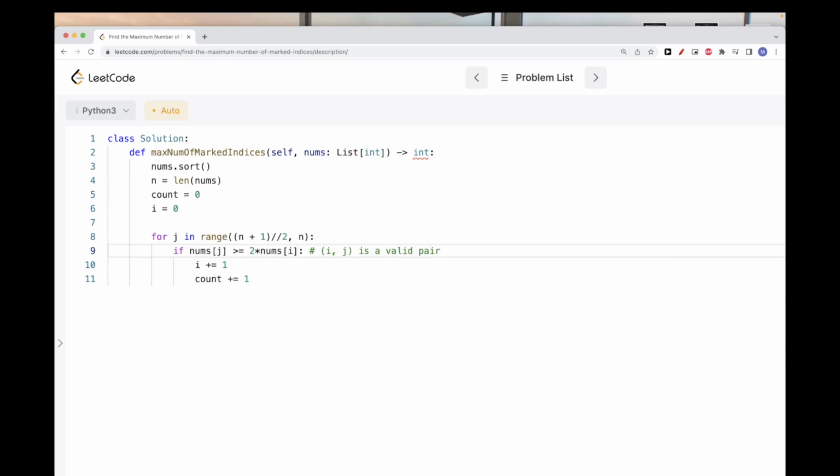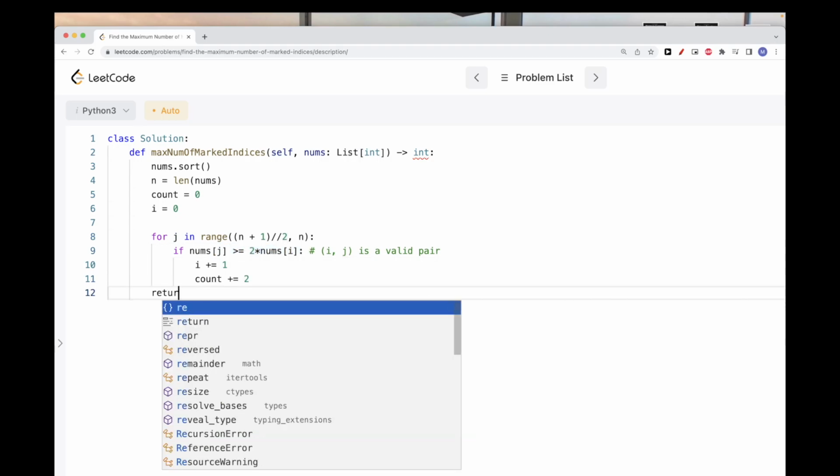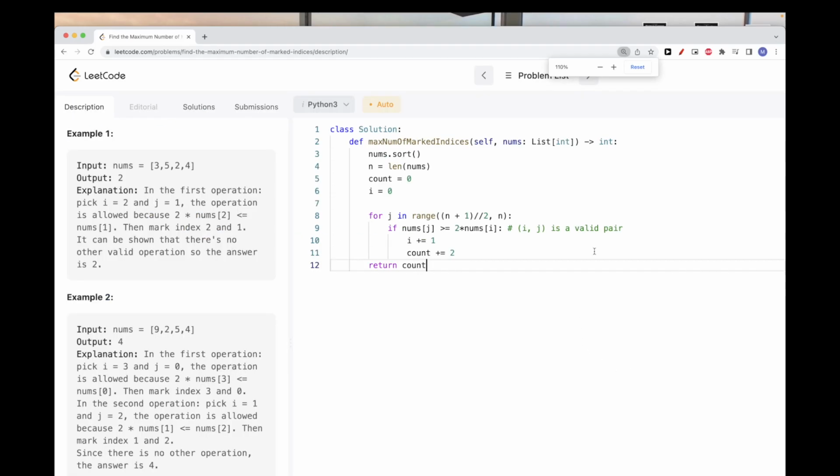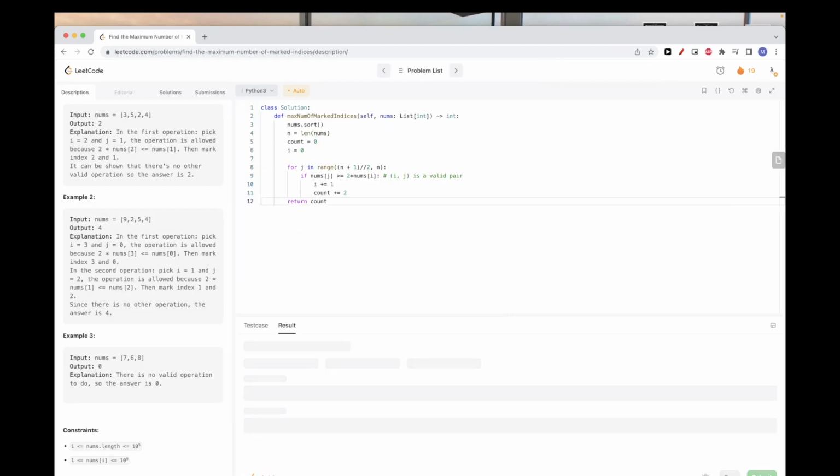We actually don't need to maintain a marked Boolean array or anything like that, because when we find a valid pair, we just move our pointers. We don't want to go back to these pointers anymore, right? So here we need to add 2 because it's a pair. And then at the end, we return count. And that should be it. So pretty straightforward once we have the logic. Let's run it and let's submit.